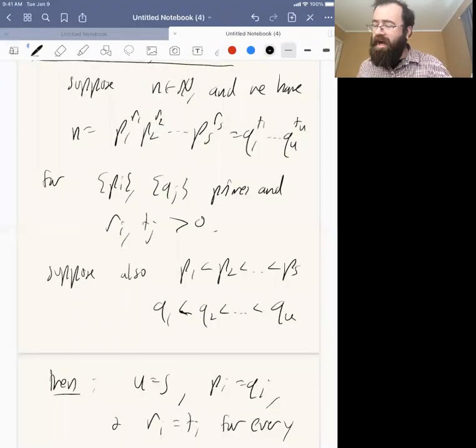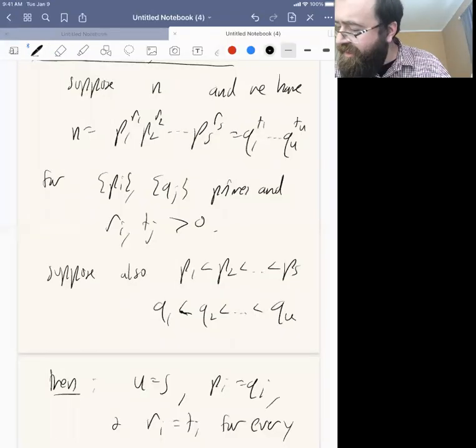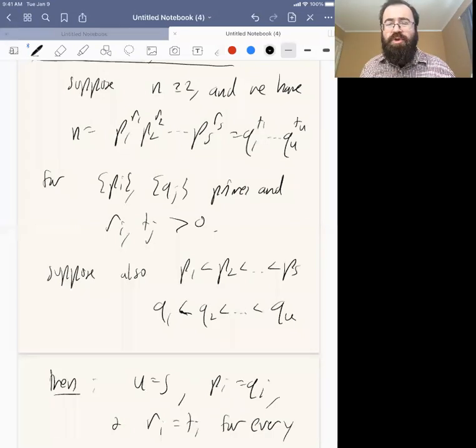In fact, I'm going to say suppose n greater than or equal to 2. When n is 1, you have the empty prime factorization. It's some technical notation that you can introduce, and that's fine if you want.